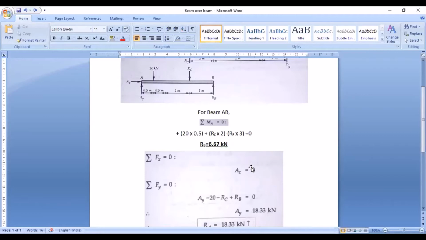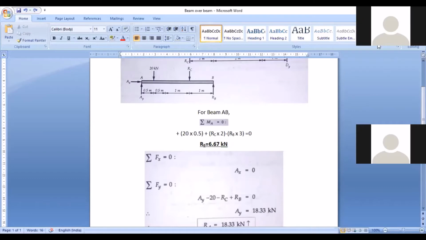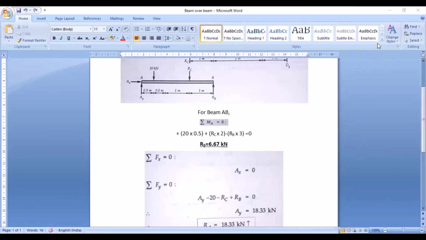Or else, if you do not take this reaction, well and good, but it's better that you always show the reaction. Since it is a hinge, there will be 2 reactions. You can show that at the hinge, and you can write Ax is equal to 0.